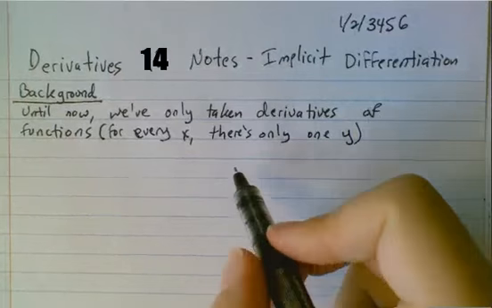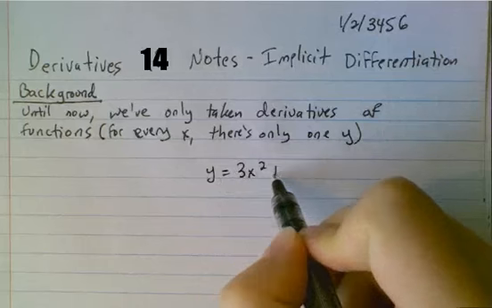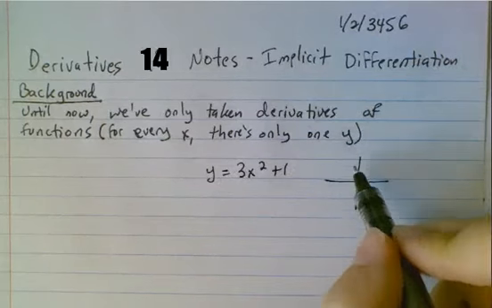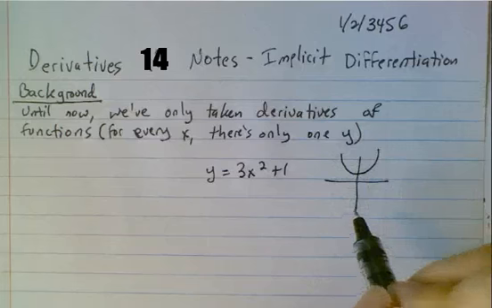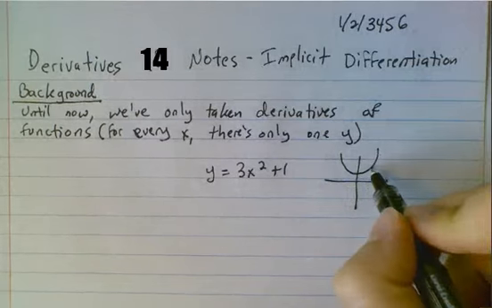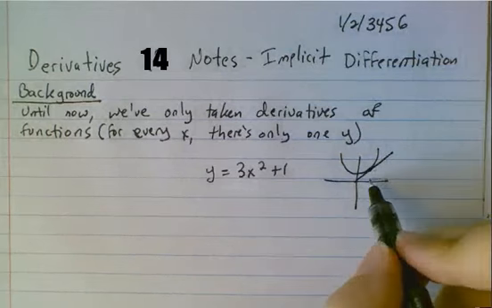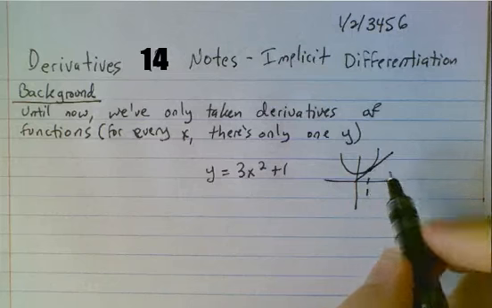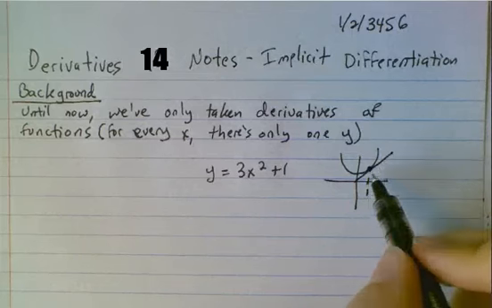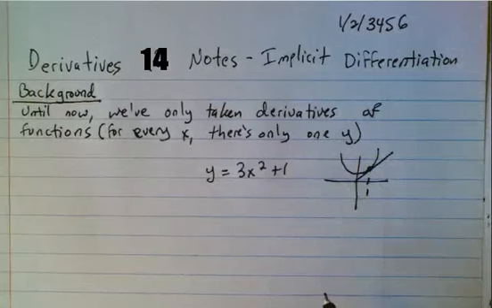An example of that would be something like the equation y equals 3x squared plus 1. It kind of looks like that. And so if we want to find the derivative, the slope of the tangent line, when x equals, let's say 1, there's only one point right here. And there's only one tangent line that we can draw.